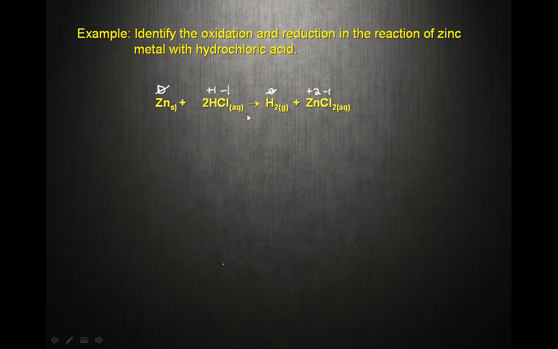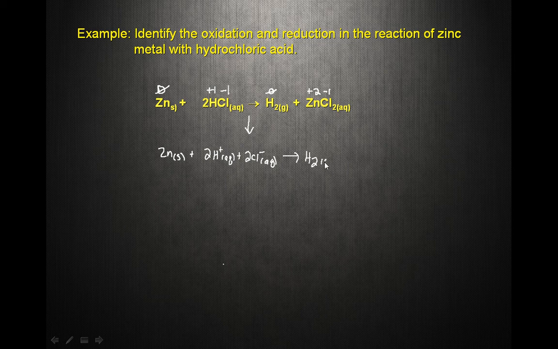So what we're going to do now, like we did when we started this section, is turn this into its ions. So we would have zinc solid. This would become 2H plus (aq) plus 2Cl minus (aq). I'm just breaking it up and making sure I keep track of my numbers.